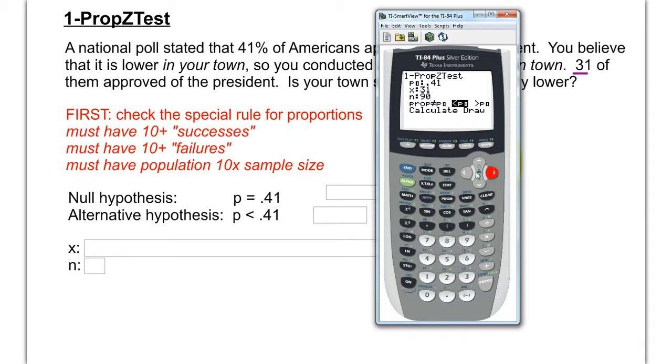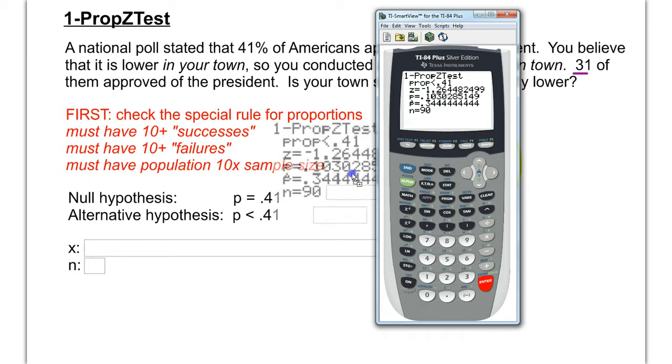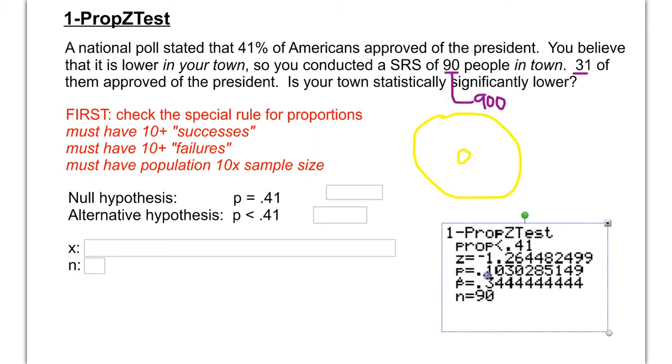So again, we'd have the middle value here, and then we calculate. And what we're going to get here as our p-value is 0.103. And assuming an alpha of 0.05, that again is not going to be significant. So we are going to have data that does not reach statistical significance. Therefore, we cannot conclude that our town is statistically significantly lower.